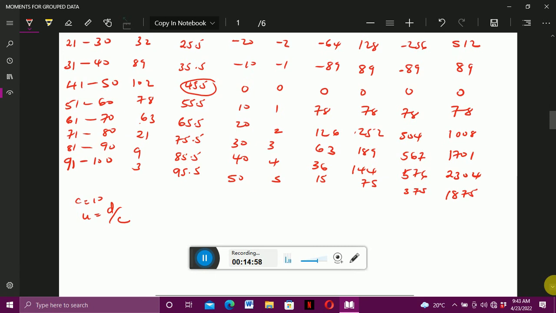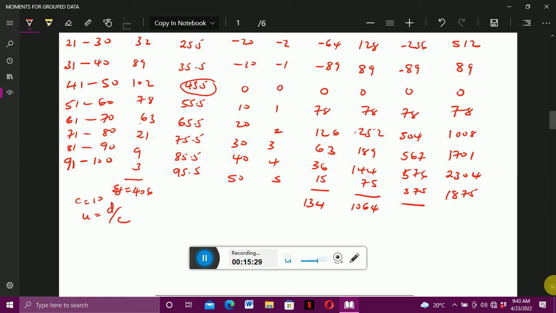What are those columns that need to be summed? We need to sum the frequencies, and when we sum the frequencies, confirm that we get 406. Then we sum f times u. We get 134. We sum f times u squared. We get 1064.